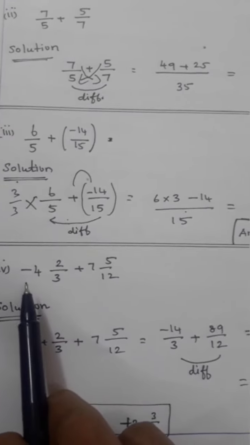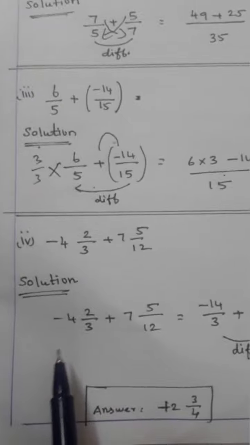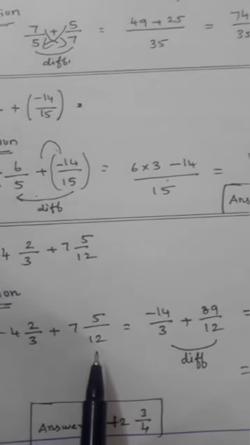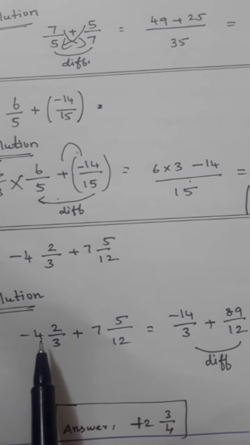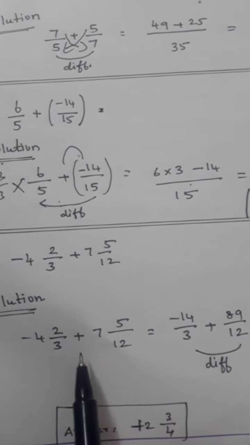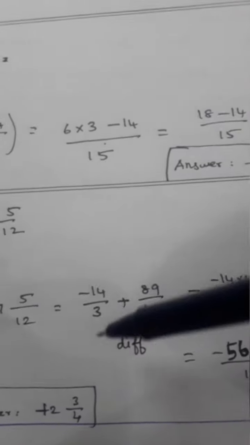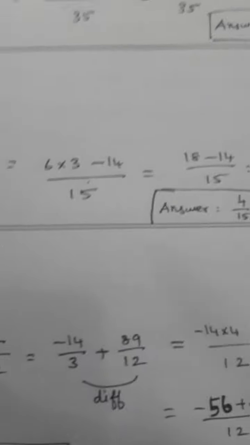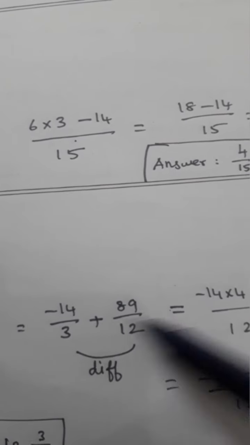Next question. Minus 4 2 by 3 plus 7 5 by 12. Change the mixed fractions into improper fractions. 3 4s are 12. 12 plus 2 equals 14 by 3. 7 12s are 84. 84 plus 5 is 89 divided by 12. Now the two denominators are different, so take the LCM. Check the table. 1 3 is 3, 2 3s are 6, 3 3s are 9, 4 3s are 12.